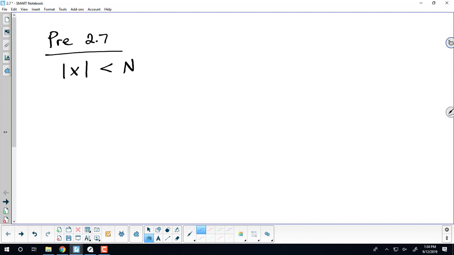What we want to try to remember is how do we interpret that, or to write it in a slightly different way, the absolute value of x minus 0 is less than a number. So how do we interpret that graphically?